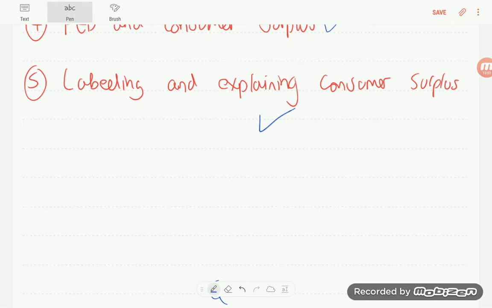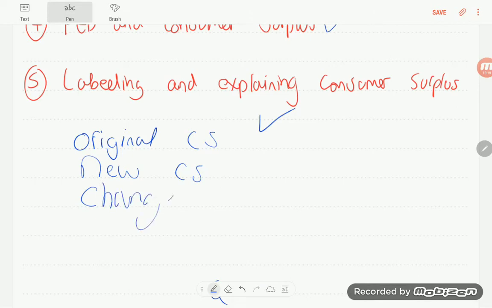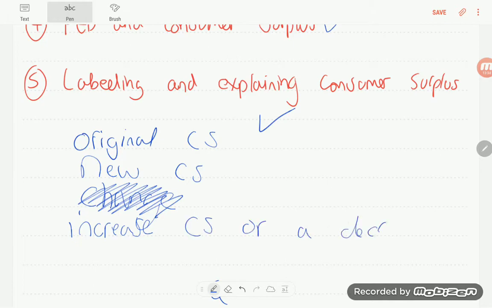You mark in what is the original and what is the new consumer surplus. Obviously, if you didn't produce a surplus, that needs to be noted. But when you show the change, just think twice about that. You have to say whether it's an increase in consumer surplus or a decrease.